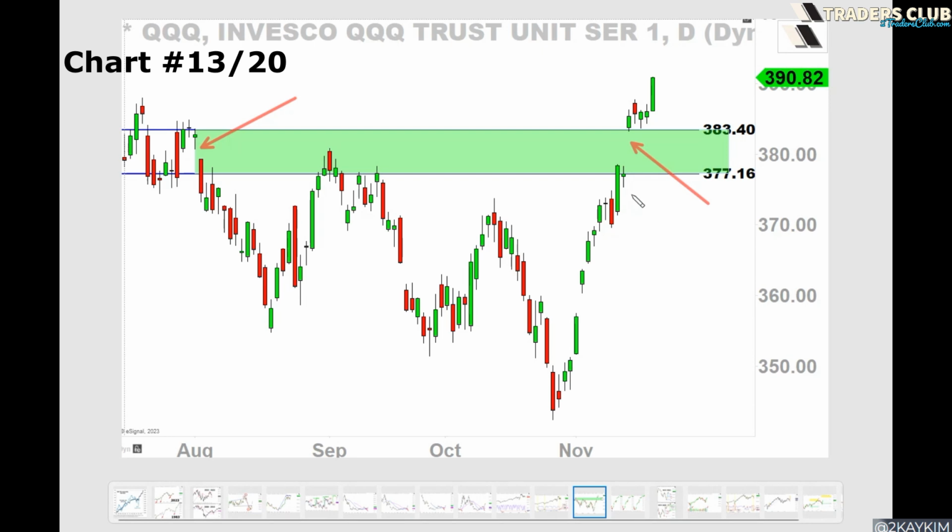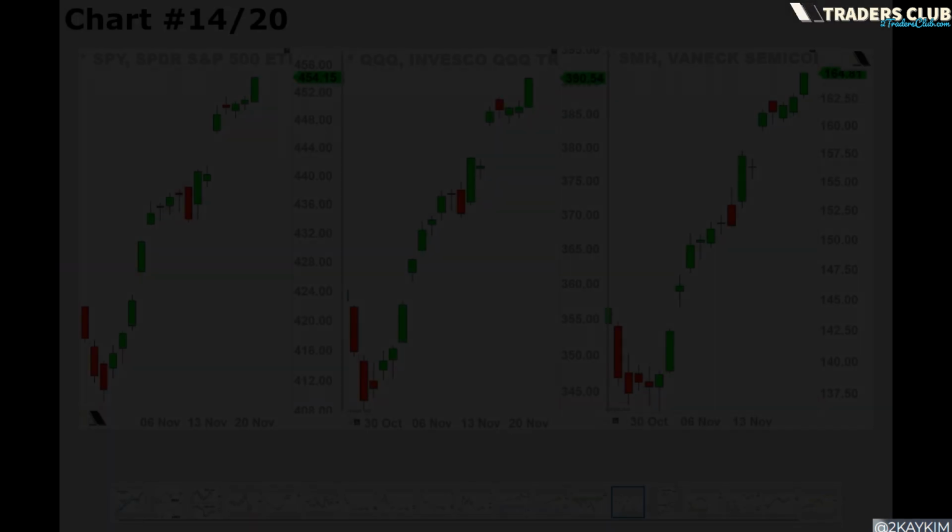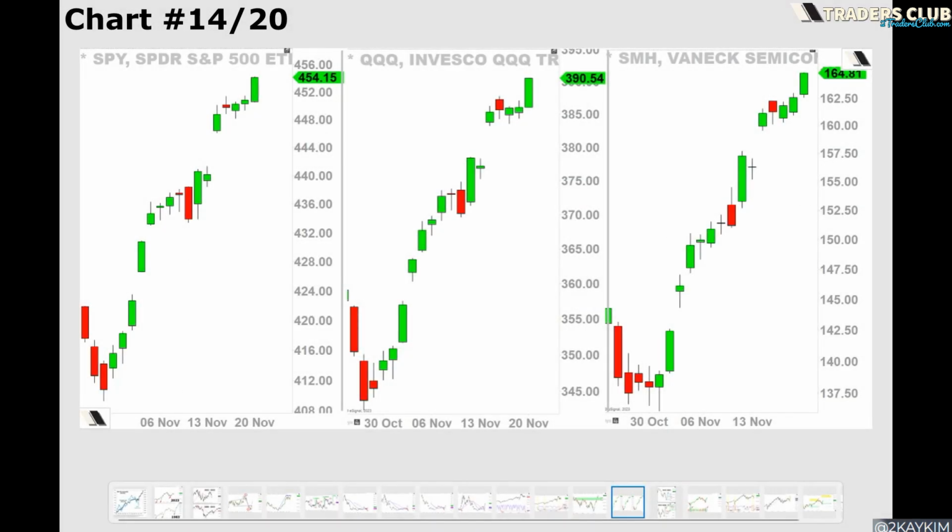Because this is an island up gap, as you can see, for 4 days it means we stayed above it. Right, and look at today's move. Very, very strong move, in SPY, QQQ and semiconductors. We have not seen bullish buying pressure going vertical like this in about 4 years.